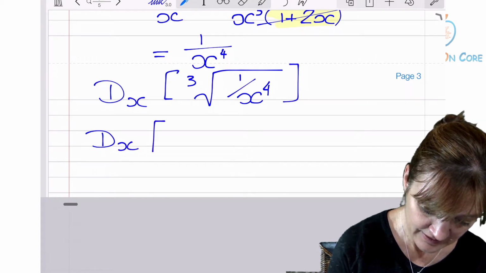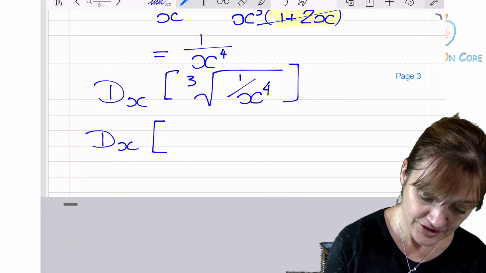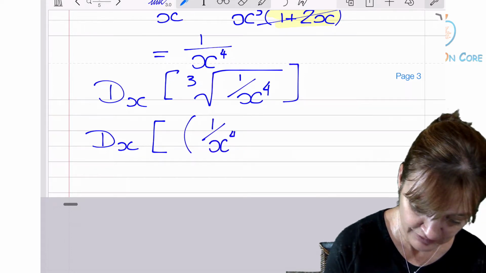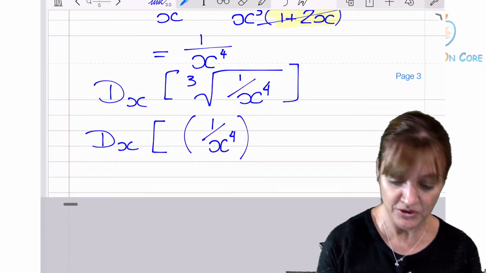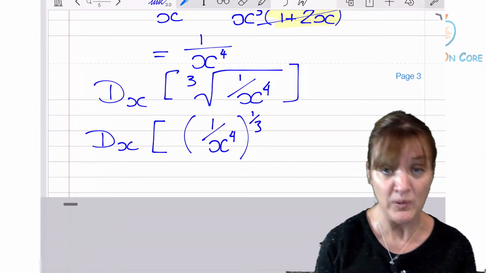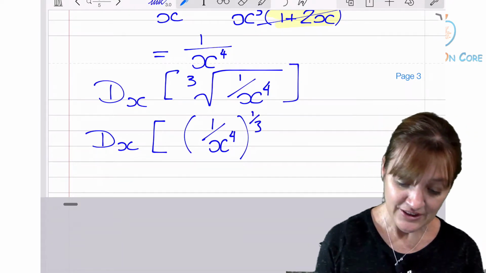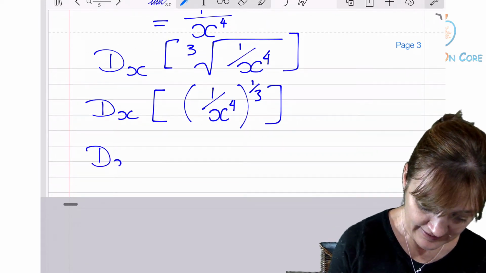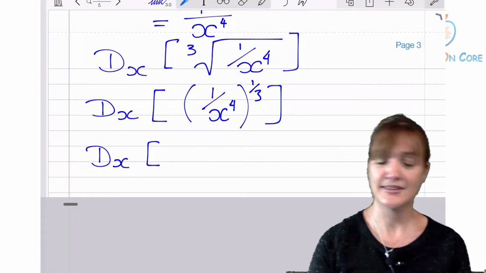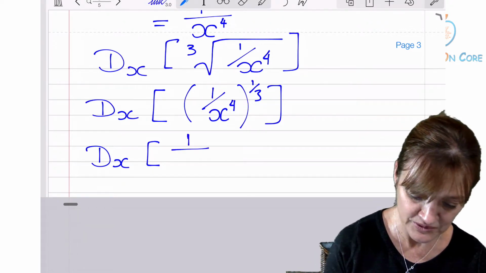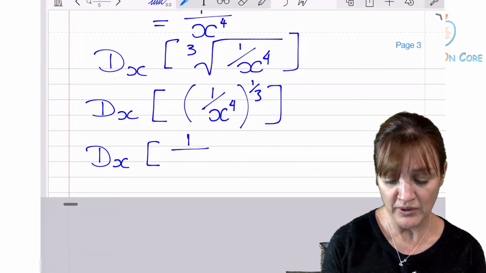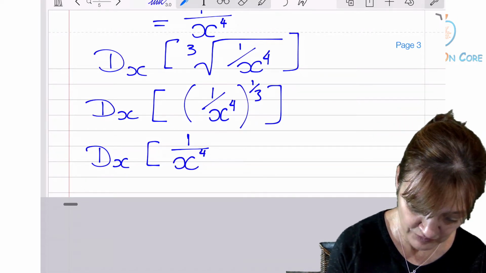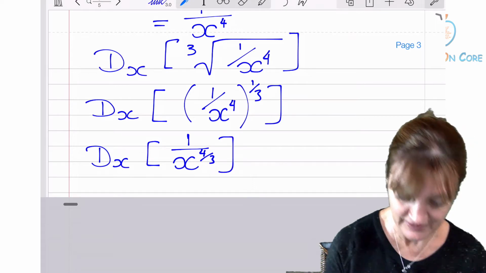If I've got 1 over x to the 4, to get rid of the cube root, we're going to raise it to the power of 1/3, okay? 1 to the power of anything is always just 1. But x to the 4, if I times 4 by 1 over 3, I'm going to get x to the 4 over 3. Okay?